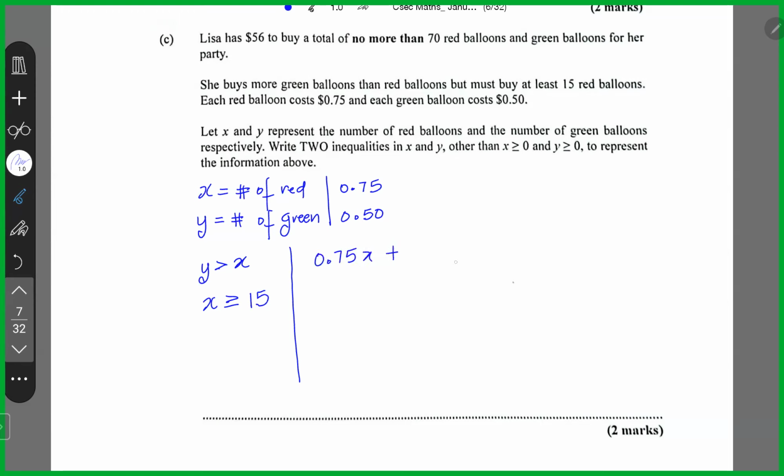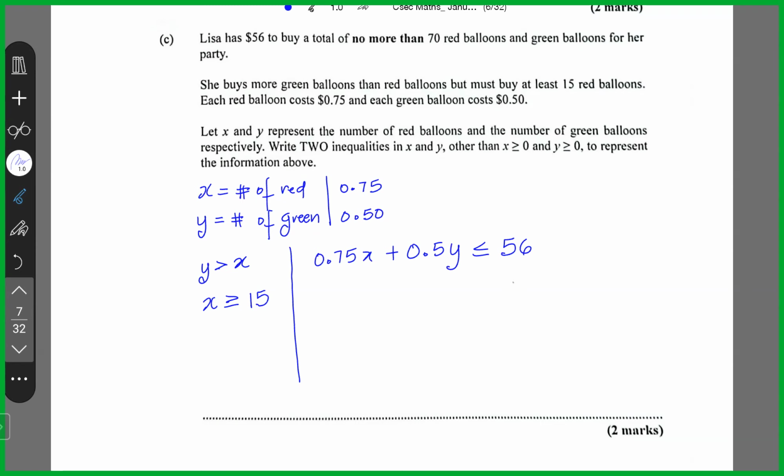I bought Y green balloons and each cost 50 cents, so I spent 0.5Y. And the amount of money she has to spend is $56. So you can spend all of your money or less than all of your money, but you can't spend more. So the amount of money she spends must be less than or equal to $56.